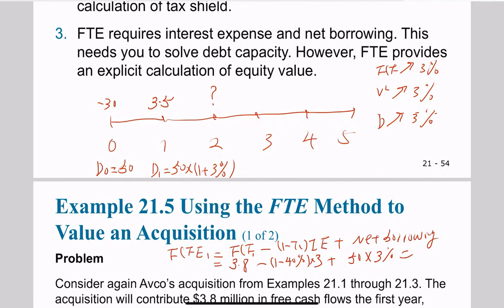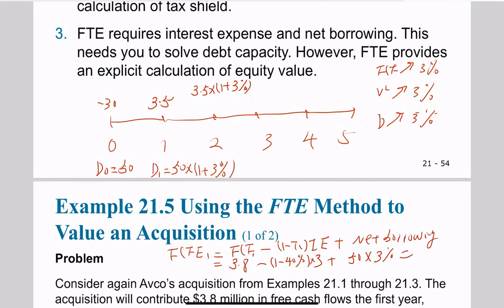Well, my argument is the free cash flow to equity holders at date 2 should be 3.5 times 1 plus 3%. So essentially I'm saying that the free cash flow to equity holders increases at 3%.